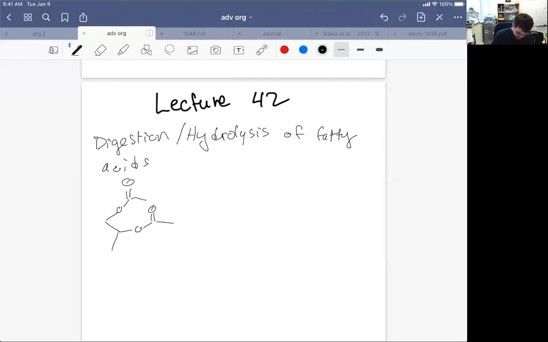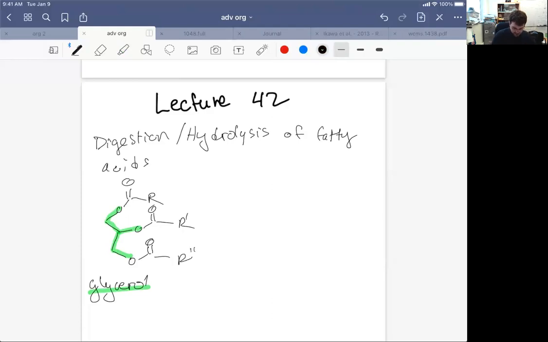That is where we take our triacylglyceride. If you recall, we've got a glycerol backbone that's been reacted with a few esters. So we could have all of the R groups the same, or they all three could be different.